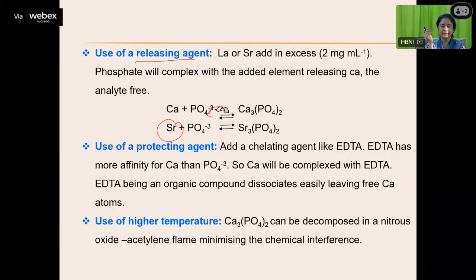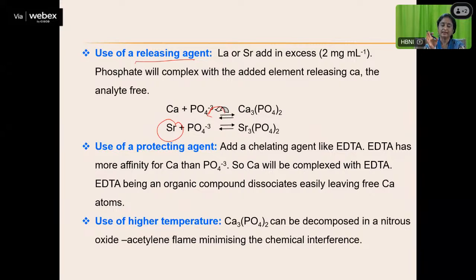Now, use of a protecting agent. If you add a chelating agent like EDTA, EDTA has much more affinity towards calcium than phosphate. At the same time, EDTA is an organic complexing agent with very low thermal stability; at higher temperatures, around 600 to 700 degrees, it will decompose, leaving the calcium free.